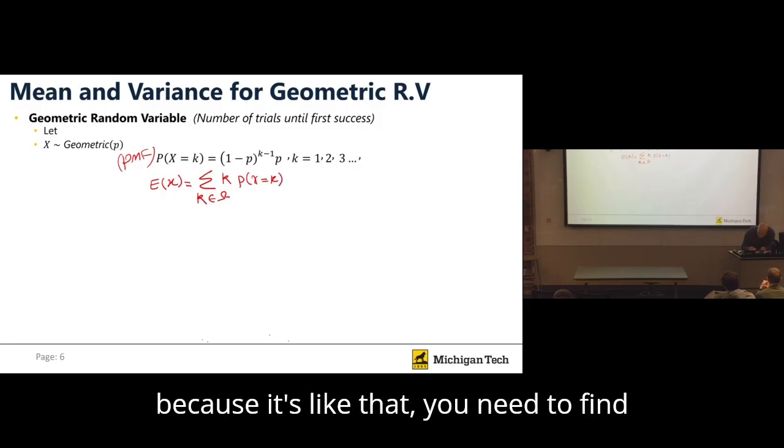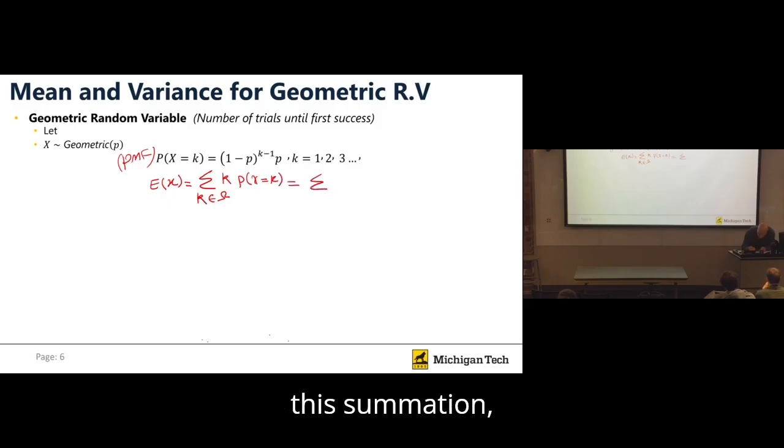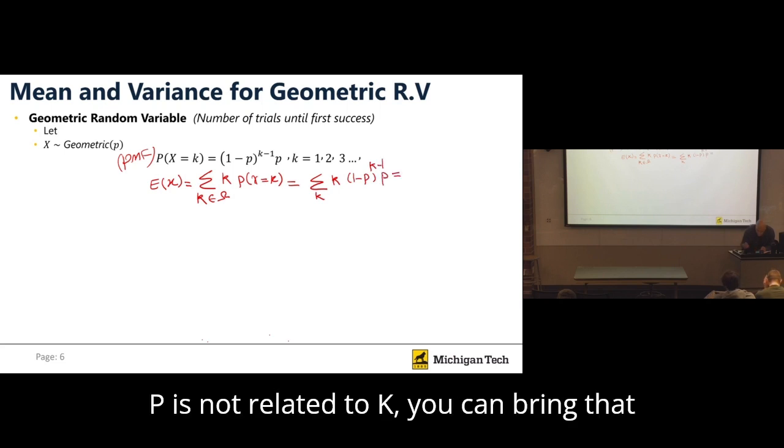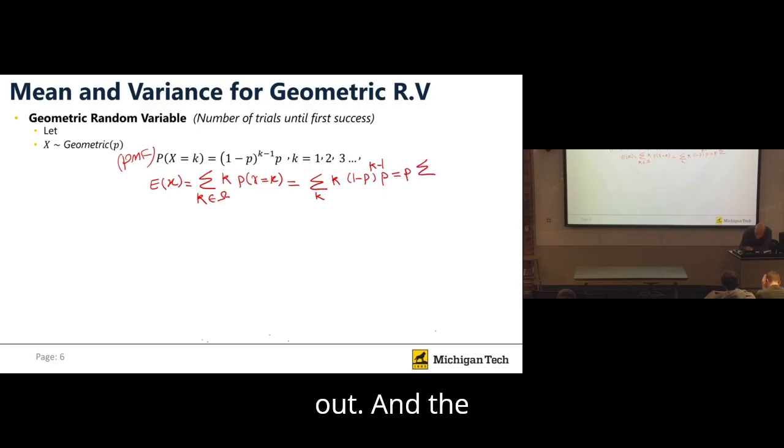So you need to find this summation of k times (1 minus p) to the k minus 1, times p. Because p is not related to k, you can bring that out. And the rest is k times (1 minus p) to the k minus 1.